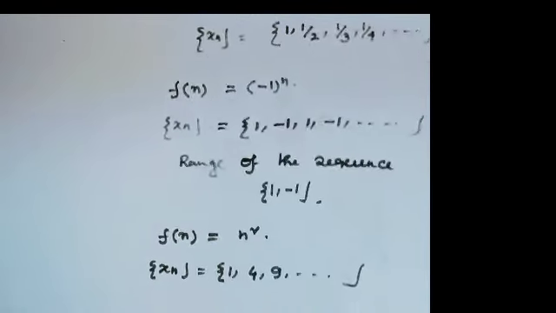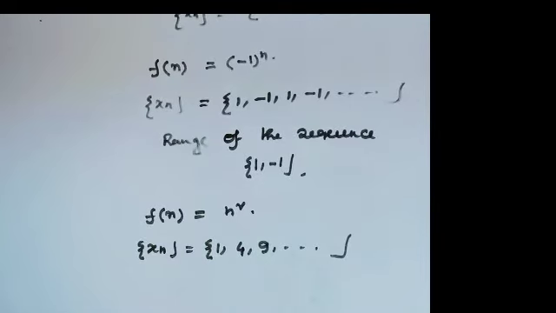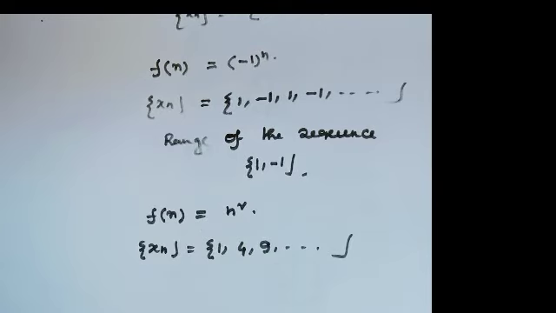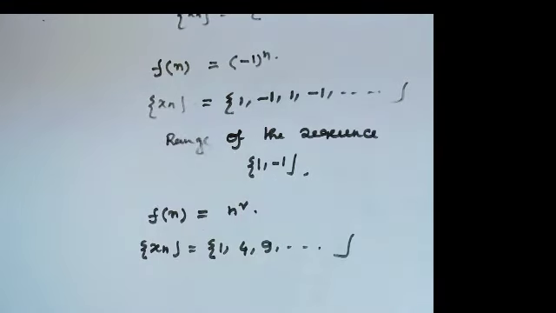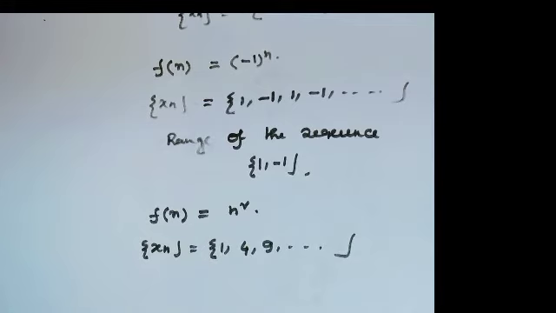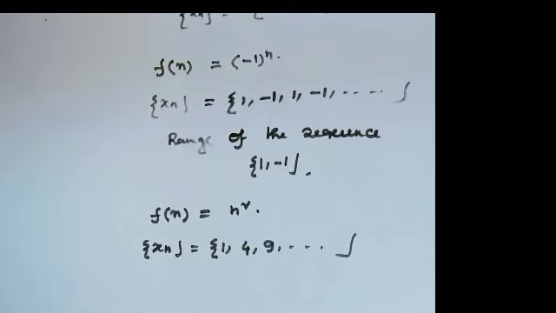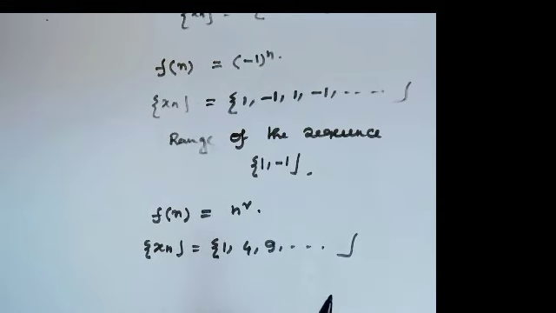And what is the cardinality of the sequence? All of us know what is the cardinality of any set. I have discussed in my previous video about countability, uncountability, cardinality, and I have given this link in my description box.